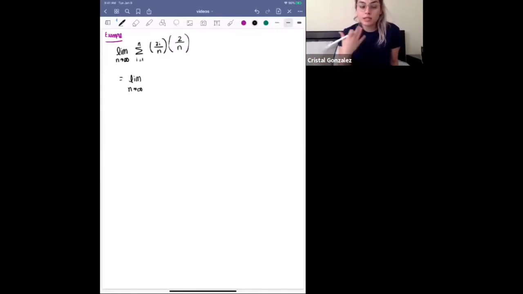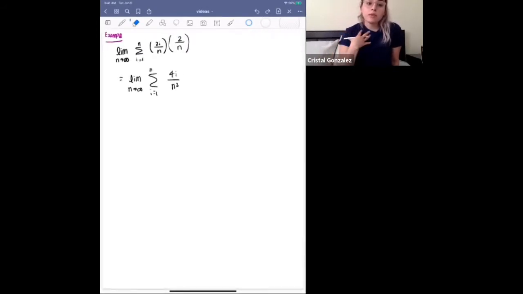So just remember to keep that consistent, because if you're not writing the limit, then you can't say, for example, that I was going to simplify this to be the sum of 4i over n squared. Well, you can't say that this is equal to this if you take off the limit, right? That's not necessarily true. So you have to make sure that you keep that limit there. If not, then that's actually really wrong. So don't do that.